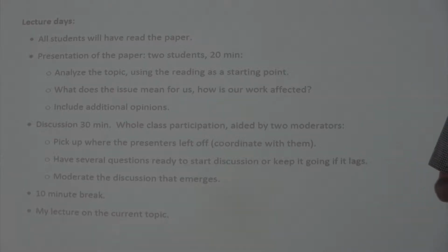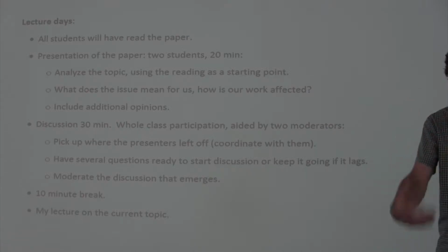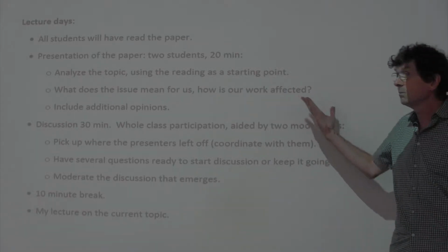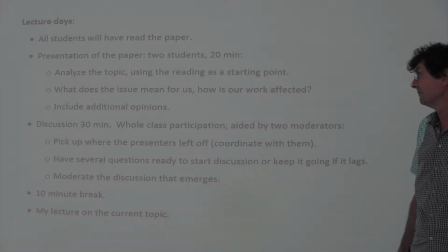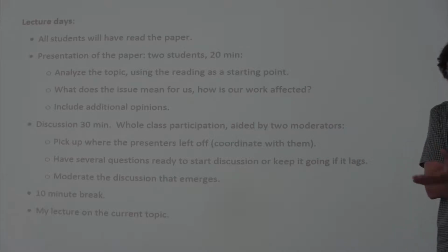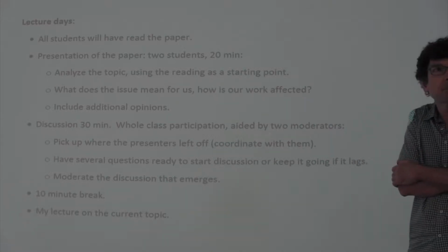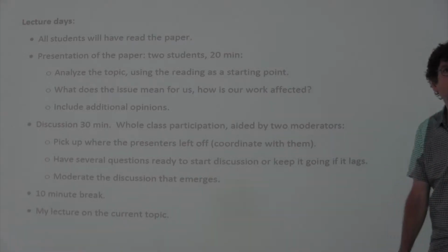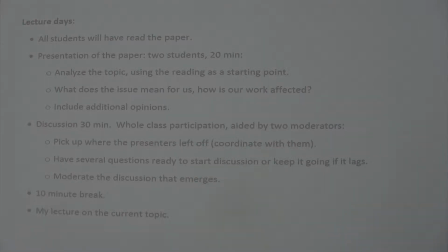What are the most important ideas in this paper? What do I need to get across to the rest of the class that represents the essentials? What does the issue mean for us, your fellow graduate students in ecology and evolution? How is your work affected? What does this mean for you? And include any additional opinions that you've come up with or found on some of the issues that you'll read about.